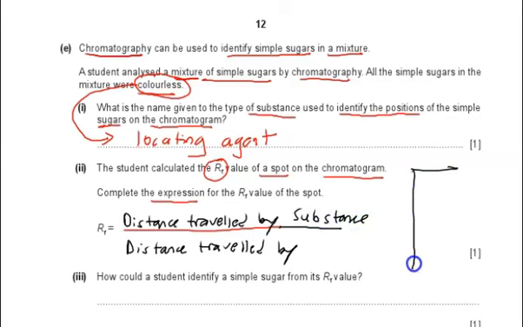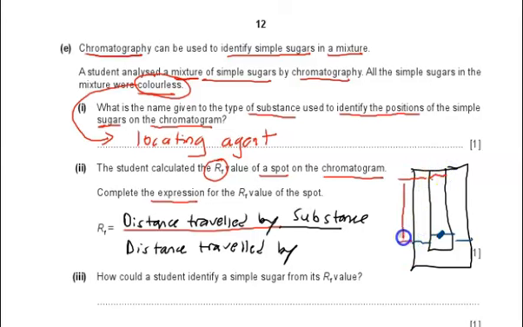Let me draw for you a simple diagram here. Let's say this is the paper, and this is the liquid. So this is traveled by the, so this is reach.